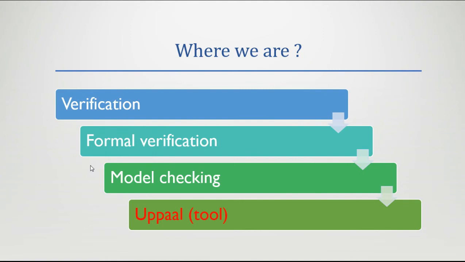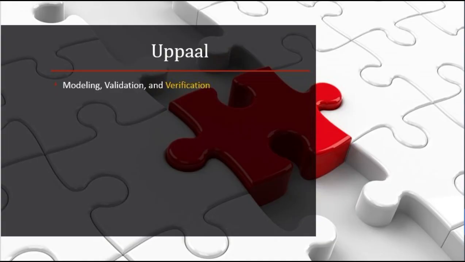Then some of it uses formal verification, using mathematics, that's why we call it formal, and some of this formal verification is based on modeling, so it's called model checking, and one of these tools is Uppaal. So Uppaal is a tool for formal verification, a tool for model checking. So this is Uppaal.